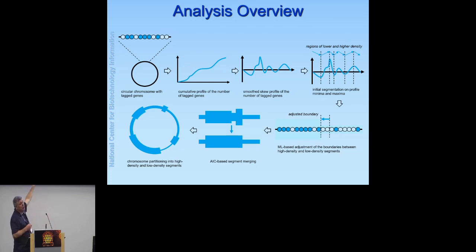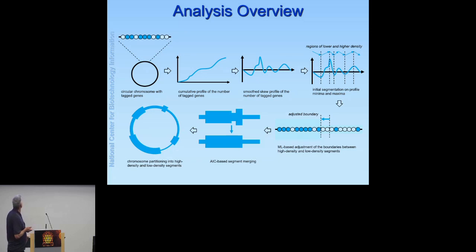So we build cumulative profiles along the chromosome. We do skew profiles, subtracting the average density from each position. We smooth it. We find peaks and valleys on this distribution, and it gives us the regions with higher than average and lower than average density of tags. Then we do maximum likelihood adjustment of boundaries, and based on Akaike information criteria, we drop some segments which are not informative.